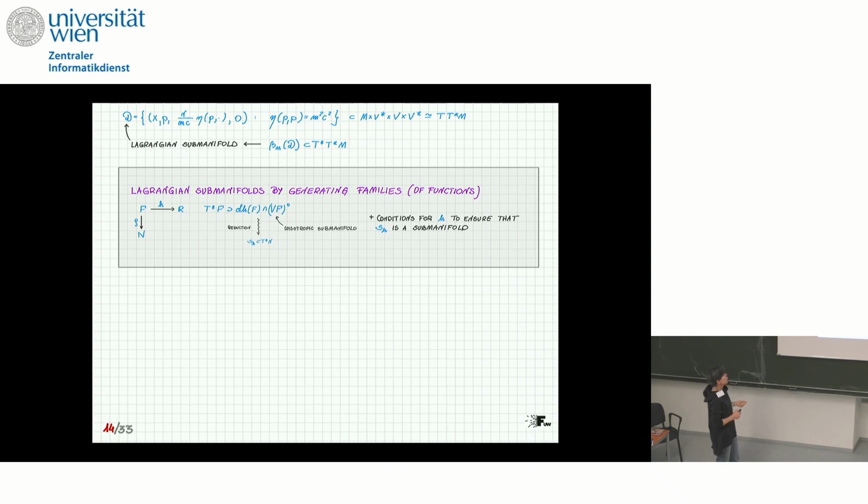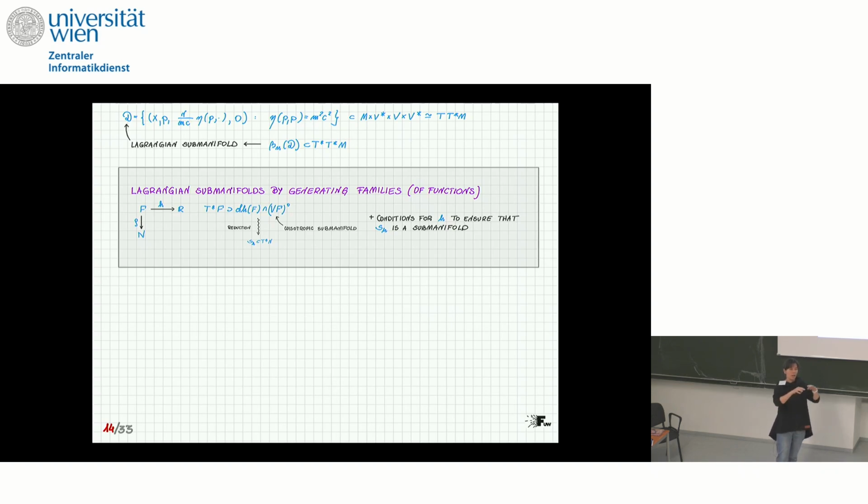This way, we can, for example, generate a Lagrangian submanifold which looks like two copies of sections. Imagine the image of a closed one-form is always a Lagrangian submanifold.